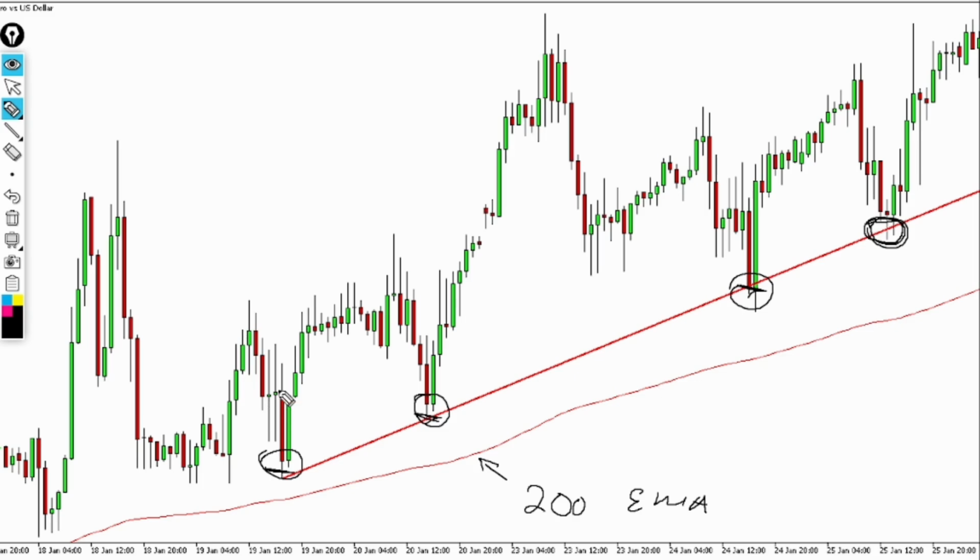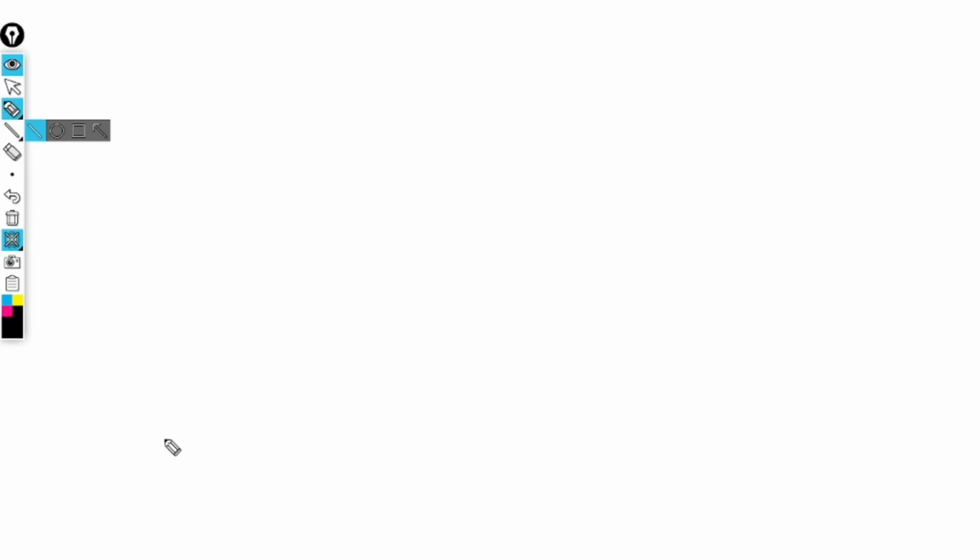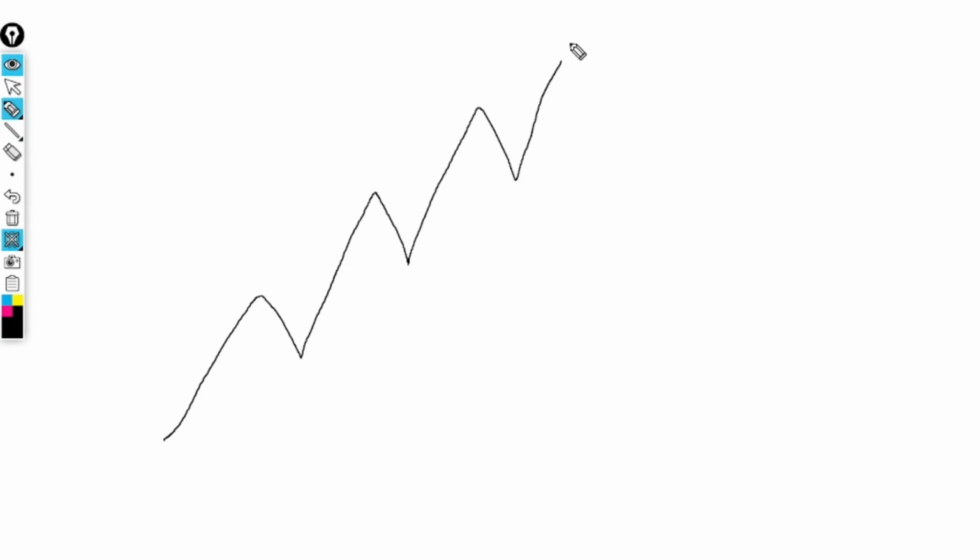Let me show you how to draw a trend line. So I'm just going to try to draw a line that aligns here. The way that you draw a trend line is you want to touch one of the lowest points where the market comes from. In this case, I will take this point, right?